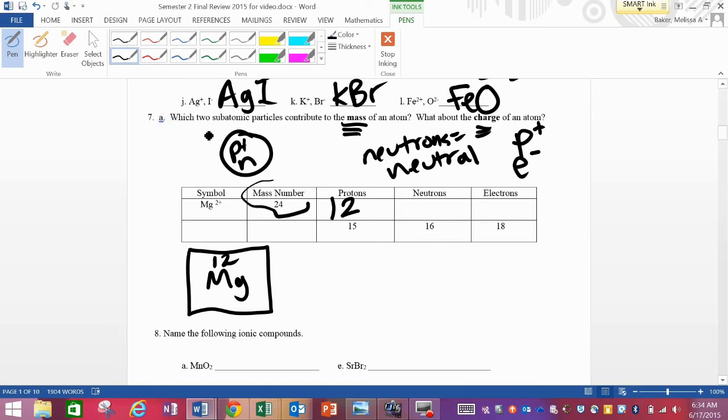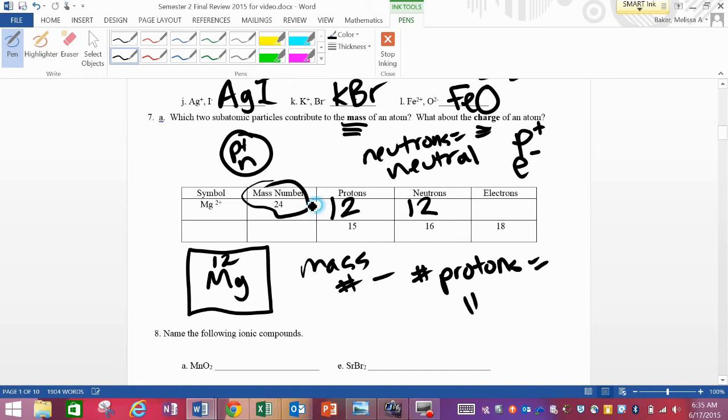Now, this particular isotope has a mass of 24. If only the protons and neutrons are contributing to that, that must mean that there are 12 neutrons. So, mass number minus the number of protons is always equal to the number of neutrons.